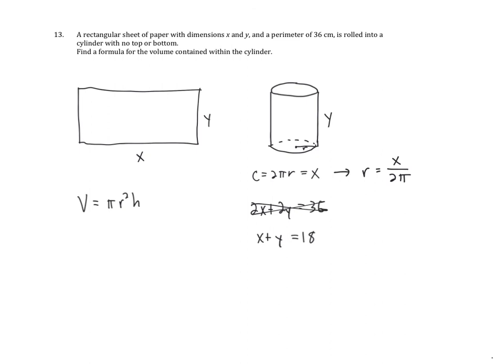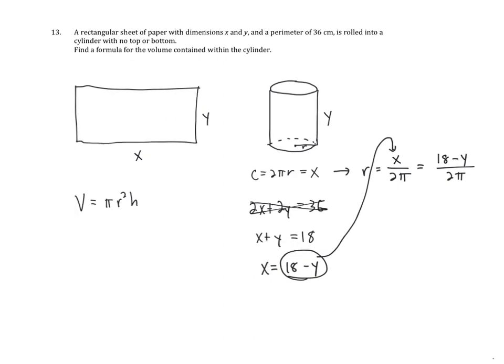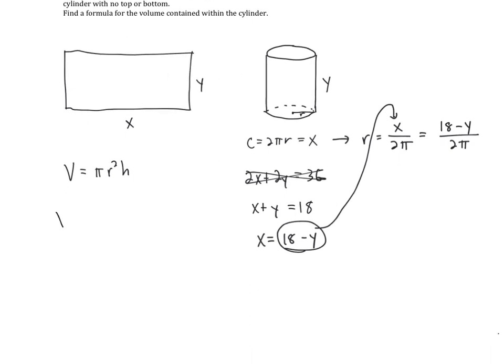Then we can solve for x: x is 18 minus y. Plug that in for the x here, and that's what r is. So we can substitute that now. Volume is pi times that whole thing squared, 18 minus y over 2 pi, squared, times h, which is y.